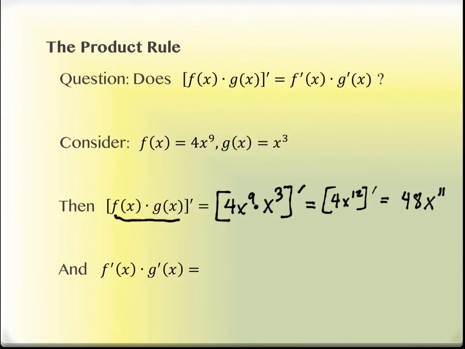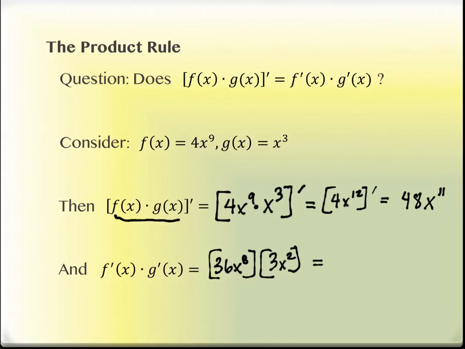So what is the derivative of 4x to the 9th? 36x to the 8th. And what is the derivative of x to the 12th? I'm sorry, x to the 3rd. Thank you, 3x squared.